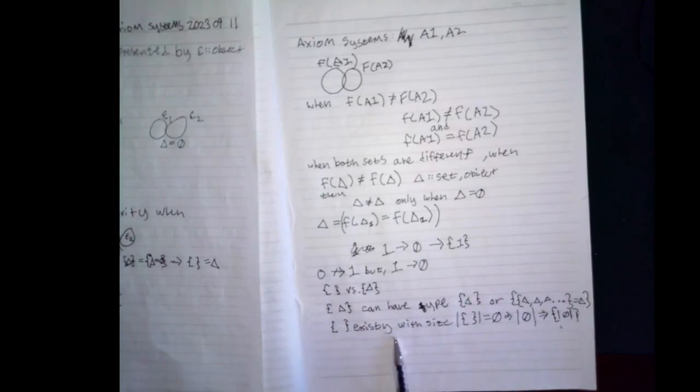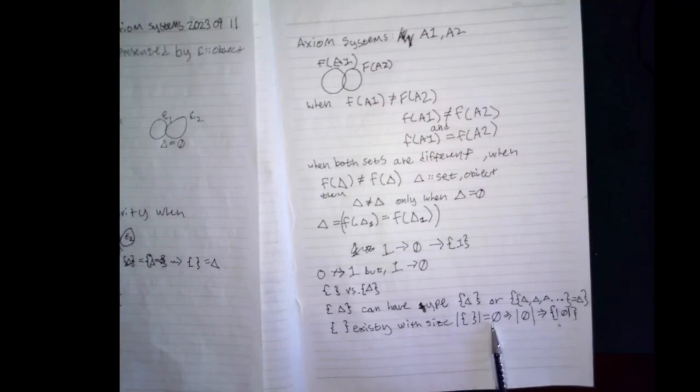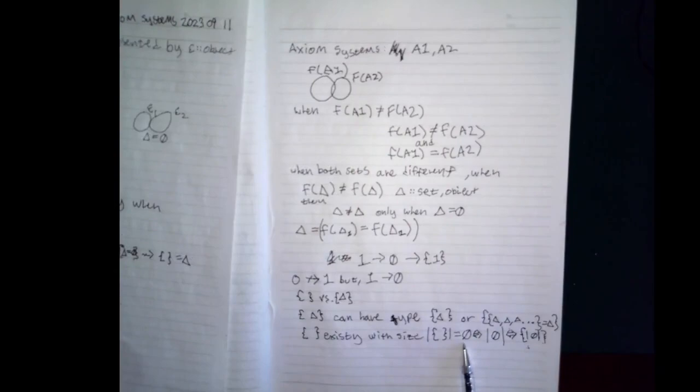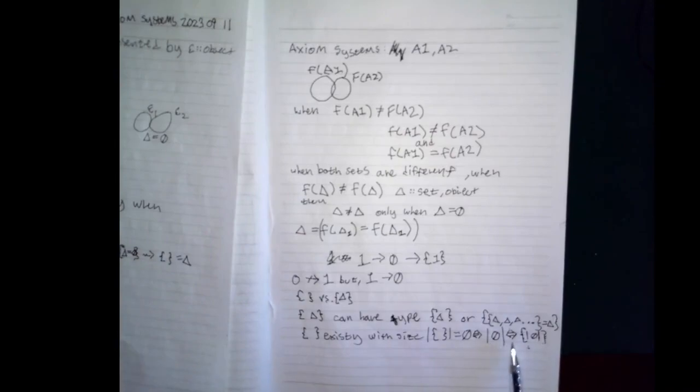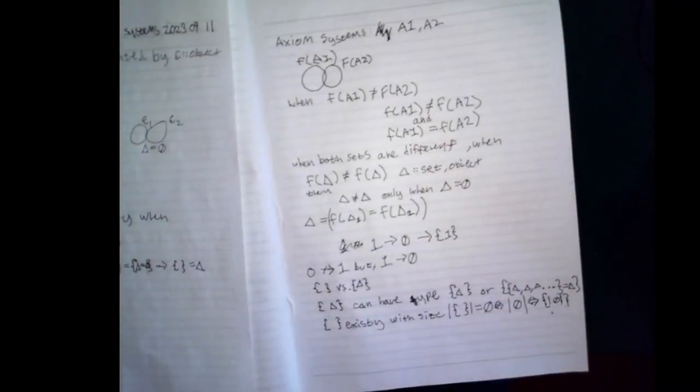If the empty set exists, then it has size of empty set equals 0, implies that empty set equals 0, comma 0 equals 0, the metric on 0 equals a set containing the metric with a 0 in it, which is not necessarily the case.